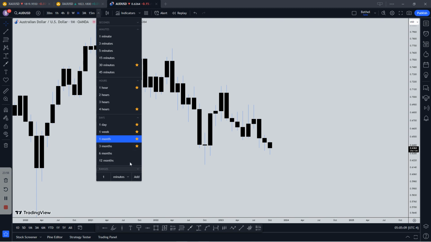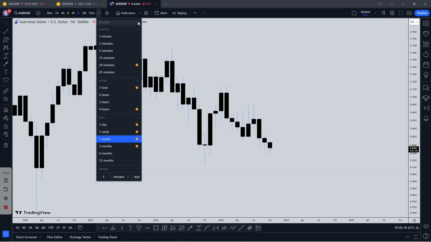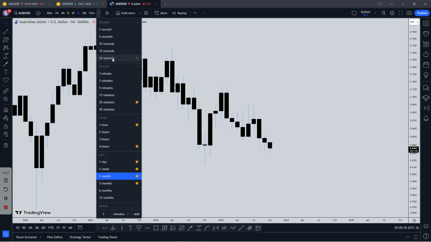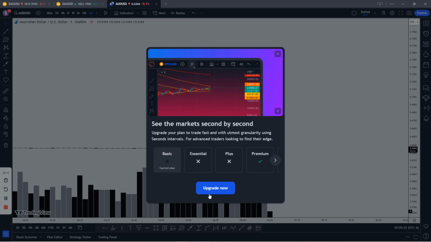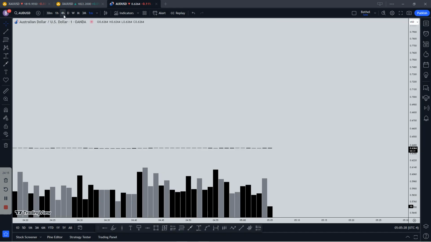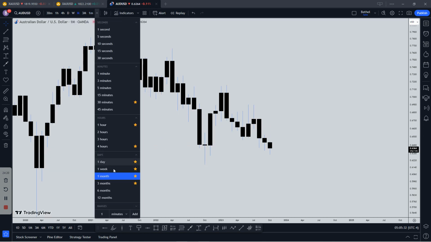You can still add a seconds time frame, but they are not given by TradingView, because you need to pay to get those. If I check 30 seconds, you see, they tell you to upgrade. So if you want to use the 30 seconds chart, you have to upgrade to get those features. But the ones here are the ones they have already given you, so you can use any of these apart from seconds.